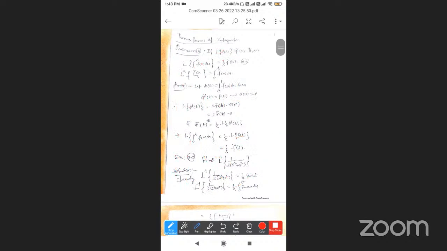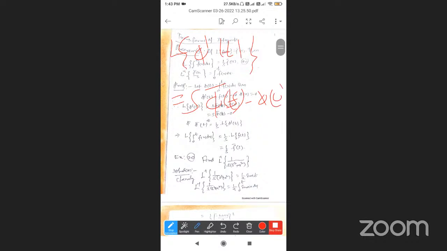Now take the Laplace transform of phi dash of t. By the first derivative formula from the last class, it is s into phi bar of s minus phi of 0.